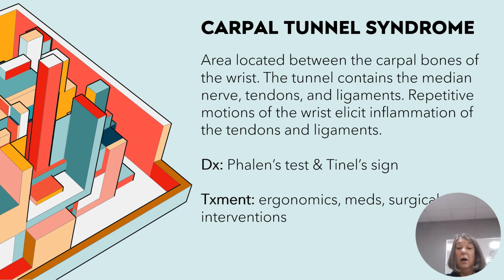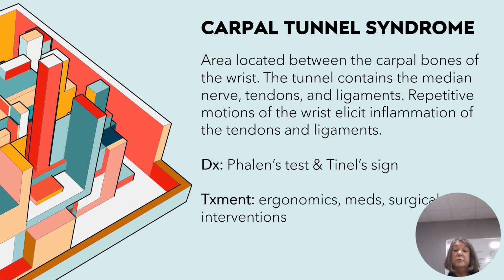Treatment, non-operative, is modifying the work environment, right? Also, if you've ever seen the little wrist things that you can get to rest your wrist on when you're typing at your computer, that is related to helping reduce carpal tunnel, because it changes the positioning of the wrist and the hands while you're typing.